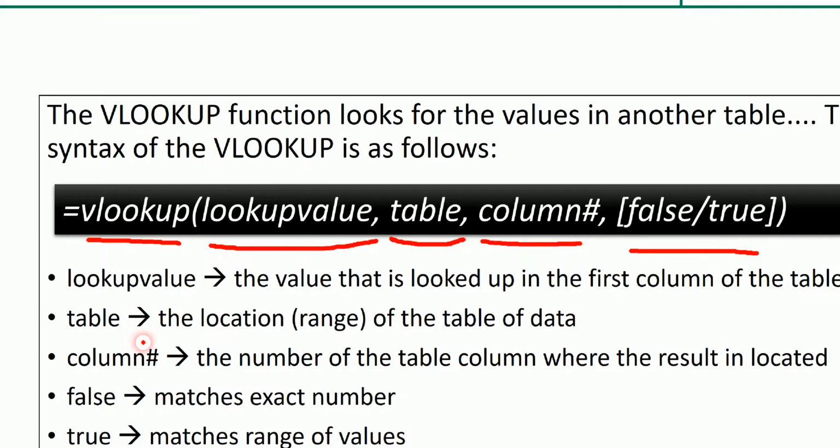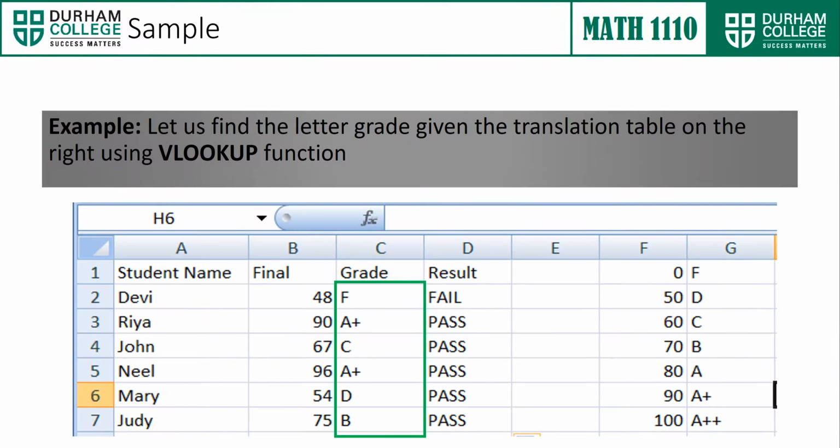But again, let's look at an example, and that would be the best way to analyze this. So we look at this example. If we have students and we have the grades for the students, how can we find the grade point average? We will work with this example problem, and along the way we learn about VLookup.